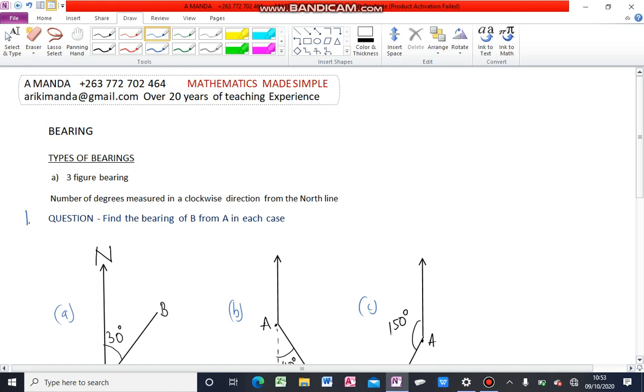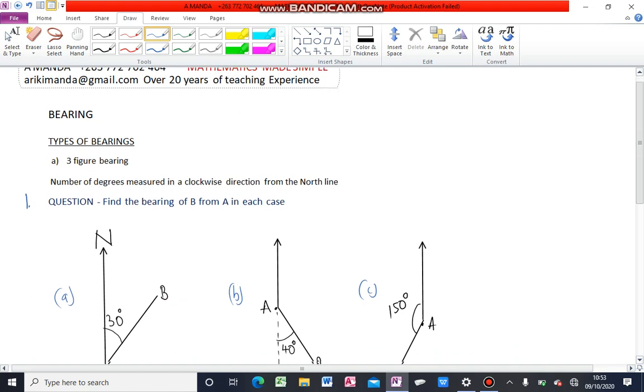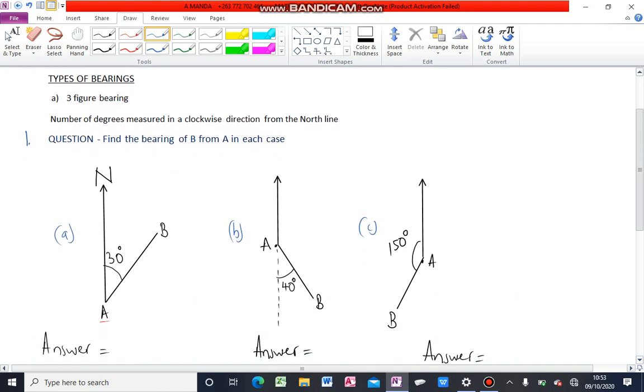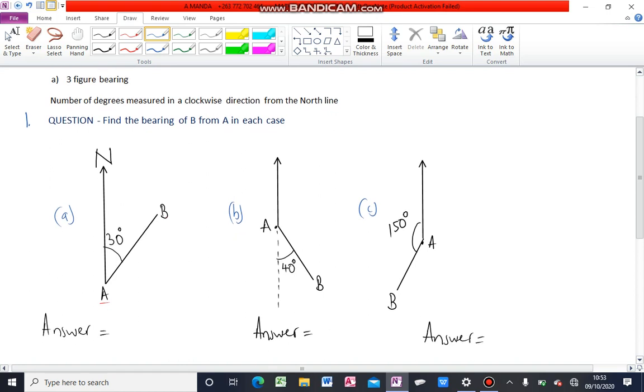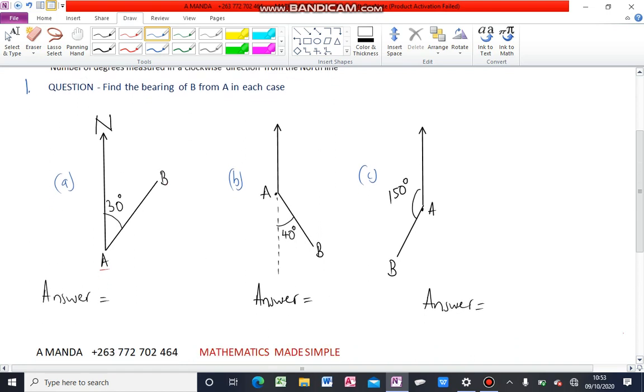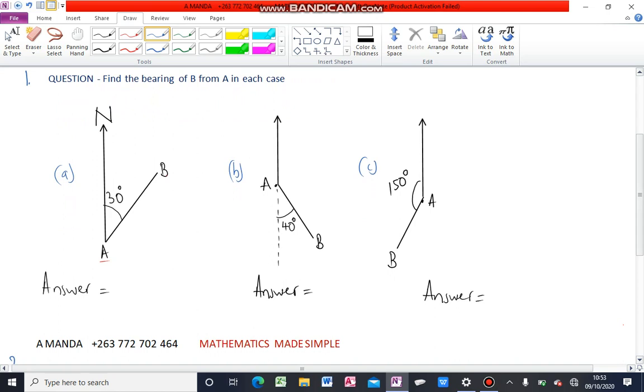Let's try and answer number 1. Find the bearing of B from A in each case.